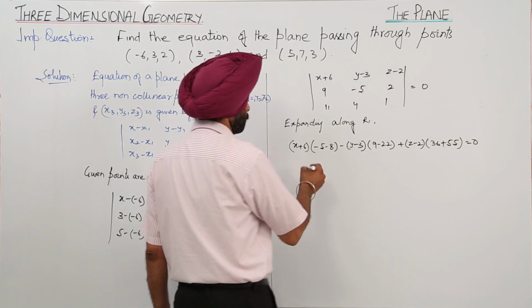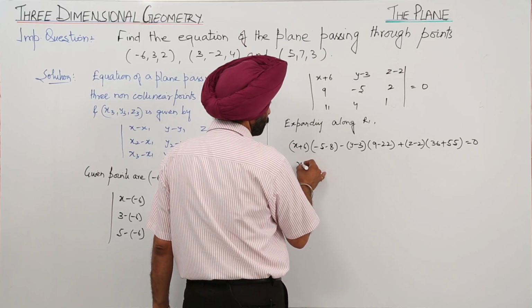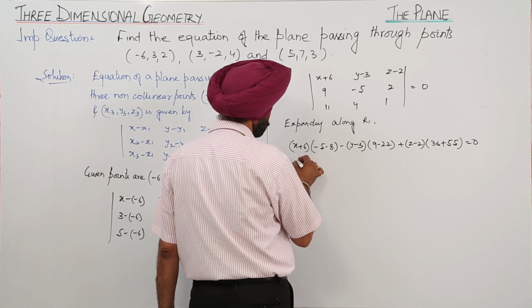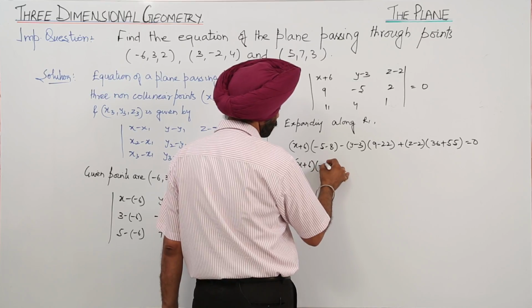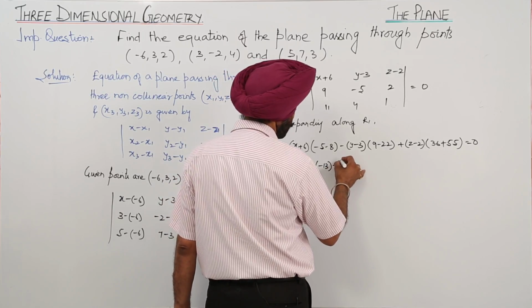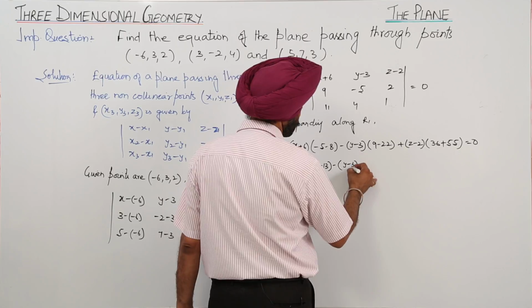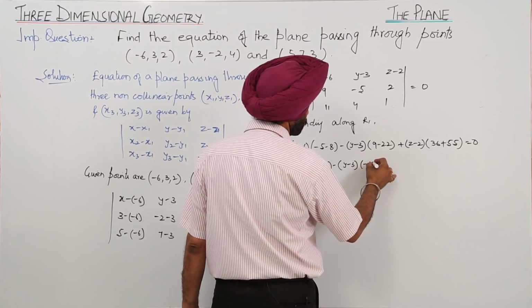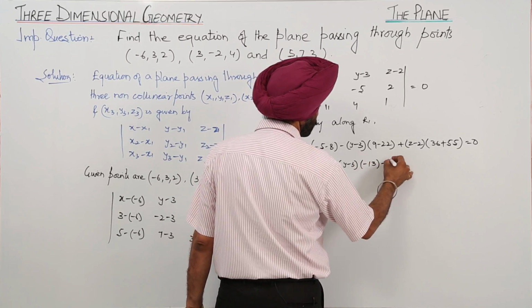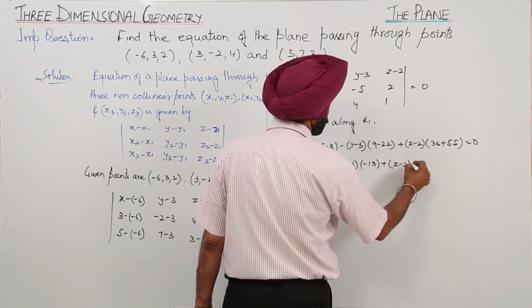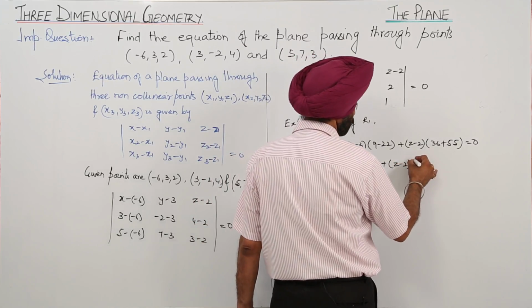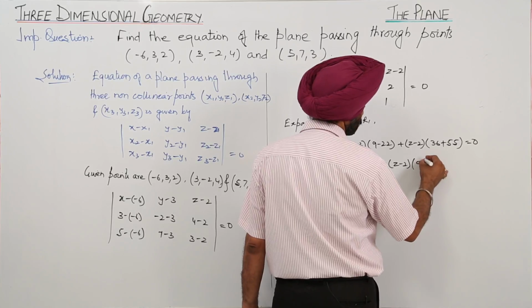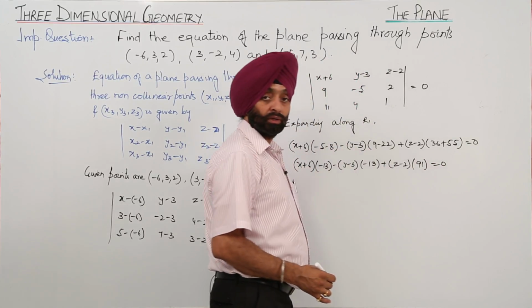Now, x plus 6 with negative of 13, minus y minus 3 with negative of 13, plus z minus 2 with 91 is equal to 0.